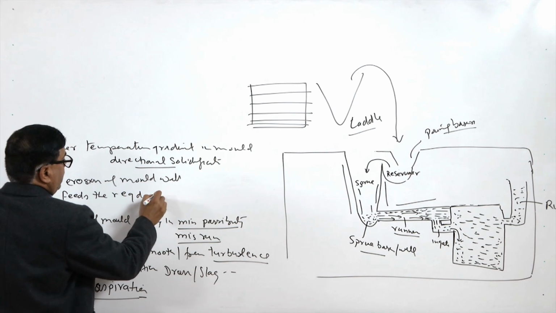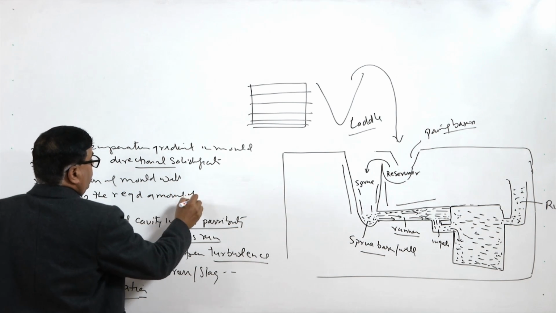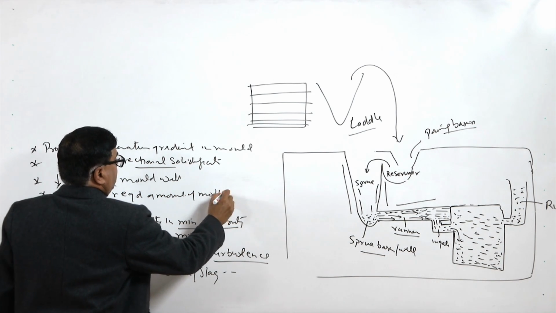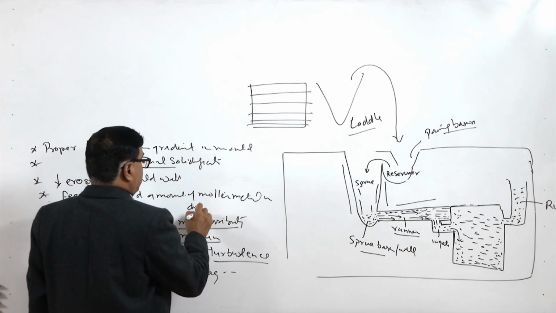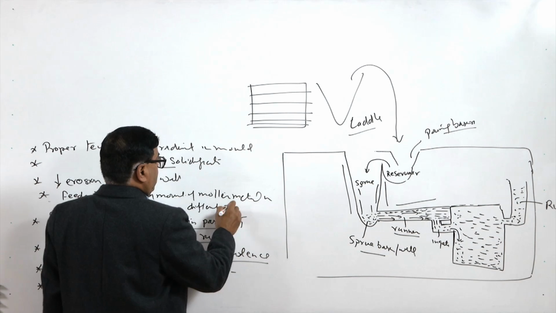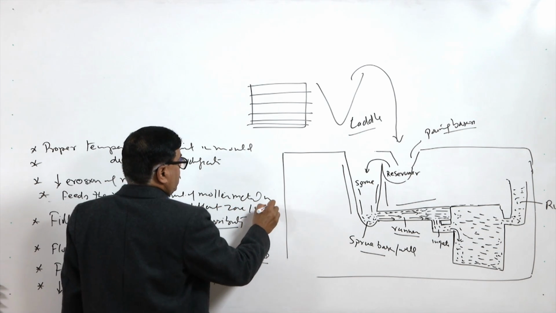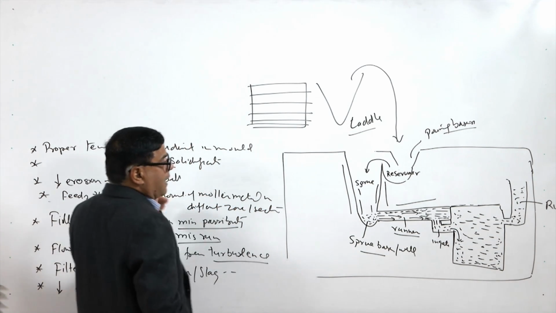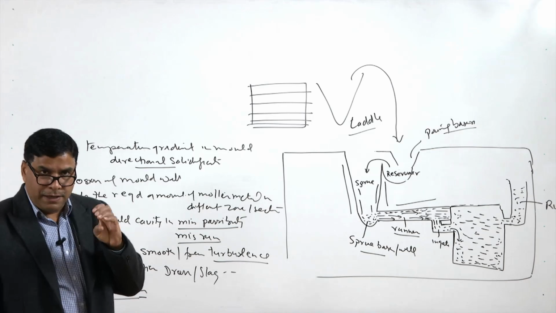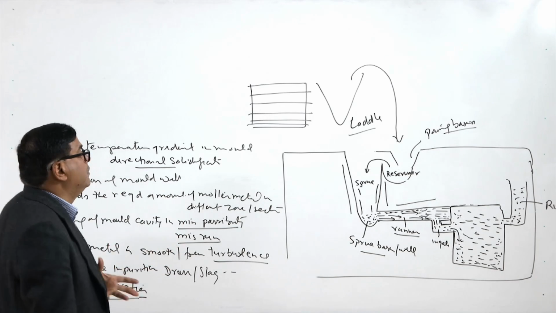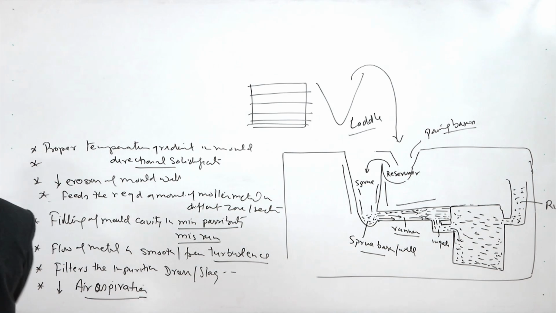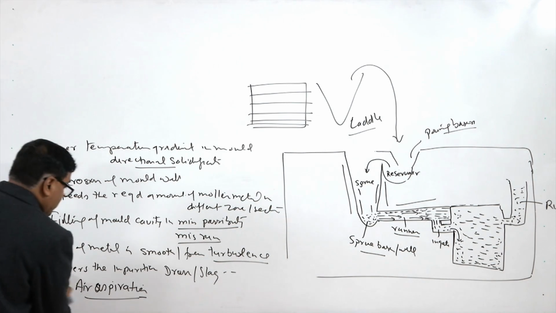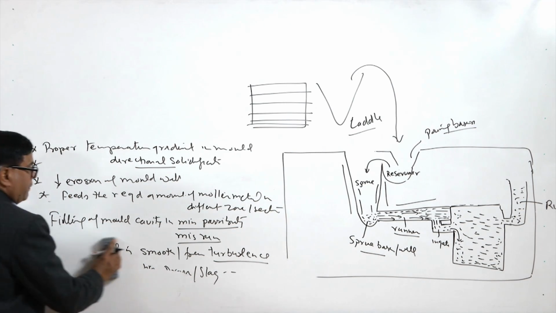amount of the molten metal in the different sections and zones as per requirement. If it does not happen, then it will lead to incomplete filling of the sections and the cavities, which will lead to misrun kind of defects.